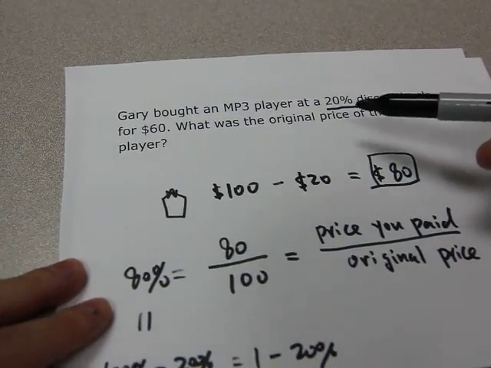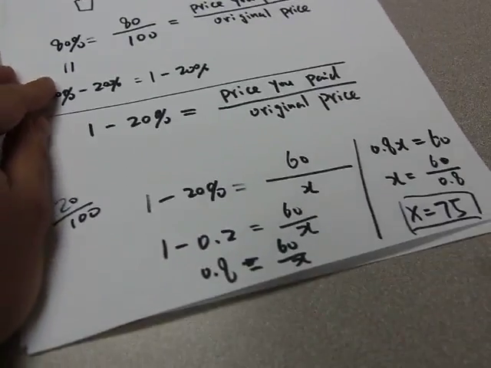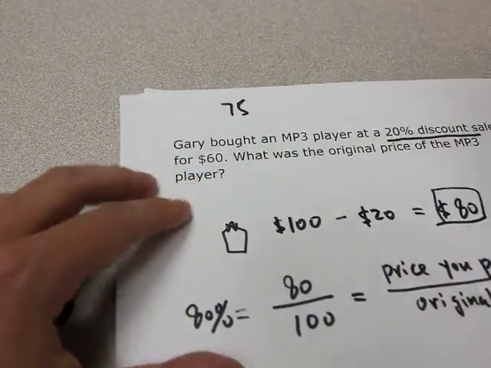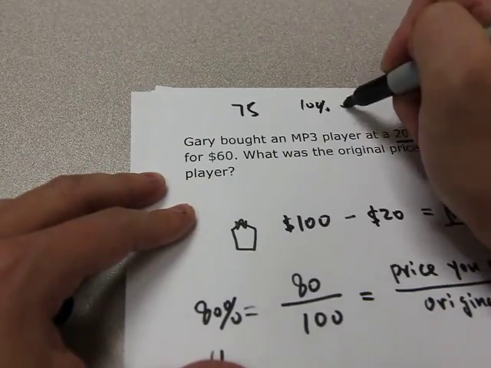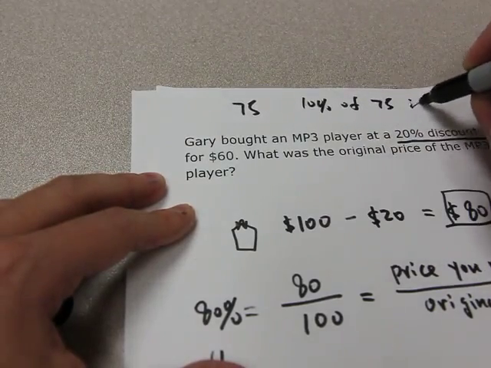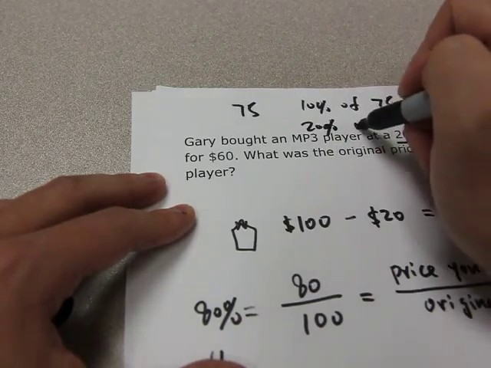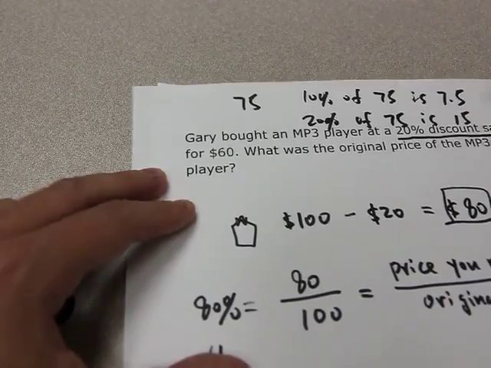Because it says it took 20% of 75, right? Because 10% of 75 is 7.5. Therefore, 20% of 75 is gonna be 15.